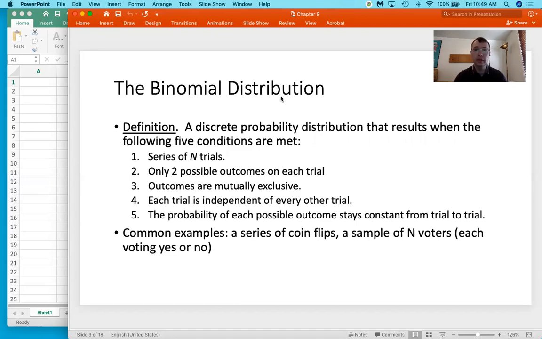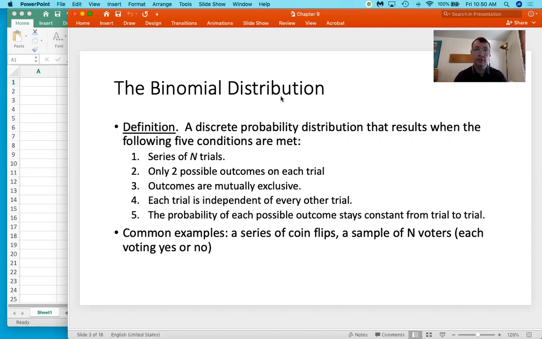The best example of a set of binomial trials is a series of coin flips, right? So for example, if we flip a coin 10 times in a row, we have a series of n equals 10 trials. Each trial, we only have two possible outcomes, heads or tails. Those outcomes are mutually exclusive. Each flip is independent of the previous.